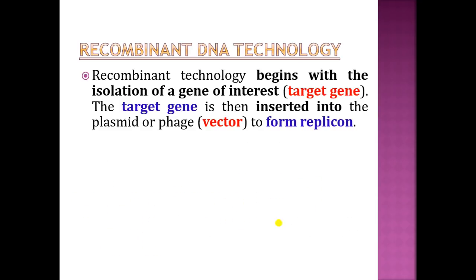So this technology starts with the isolation of the gene of interest, that is called the target gene. So whatever gene we want to get or want to amplify artificially is called the target gene. Then the target gene is inserted into a plasmid or a phage, that is a kind of transporter, or what we can say carrier, known as a vector, to form a replicon.